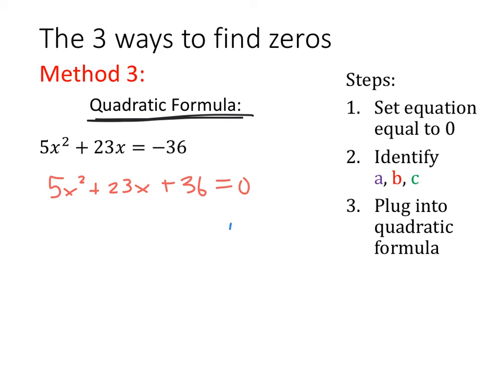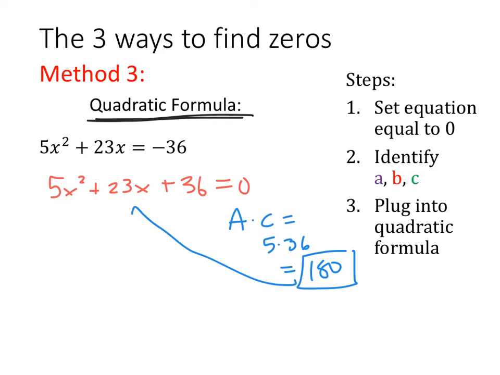And if I was to use my a times c method in order to factor this, I would get 5 times 36, which would give me 180. And so I would have to find factor pairs of 180 that might give me 23. In a situation like this, that may or may not even be possible, and we might not be able to get those particular factors to work out for us.